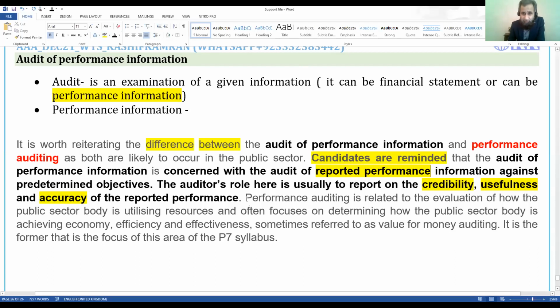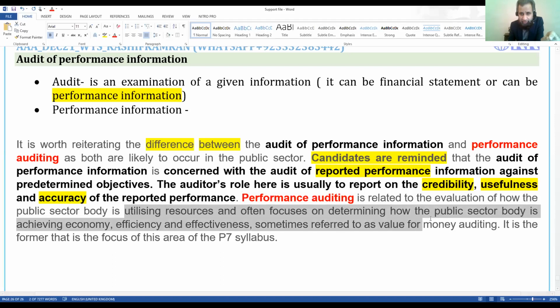Examiner then tells us performance auditing. Performance auditing, should I put it in red? Red. Performance auditing is related to the evaluation of how the public sector body is utilizing resources. So how the public sector body is utilizing resources, and often focus on determining how the public sector body is achieving economy, efficiency, and effectiveness, sometimes referred to as value for money auditing.